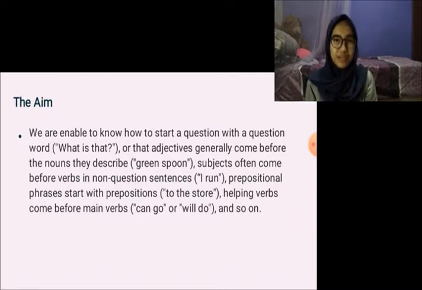Or that adjectives generally come before the noun they describe, like "gray spoon" or "blue chair," and subjects often come before the verb in non-question sentences, like "I run, I eat," or prepositional phrases start with a preposition, like "to the store, to the market," and helping verbs come before main verbs, like "can go, will do," and so on.